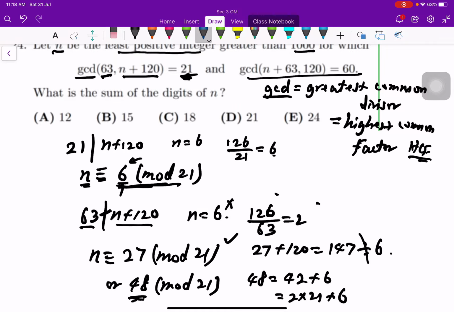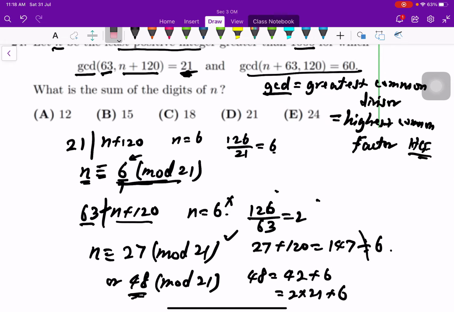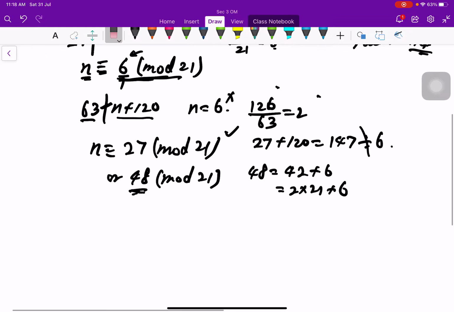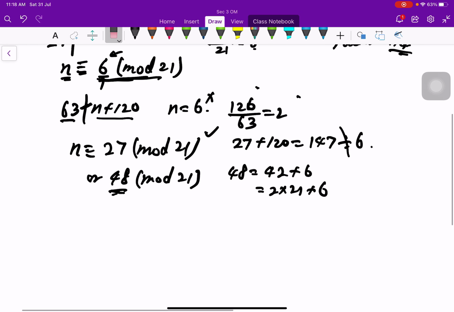Let me change color. Second condition is that the GCD, the greatest common factor, of n plus 63 and 120 is 60. Therefore, in this case, can you see that obviously your 60 must be a divisor of n plus 63, right?